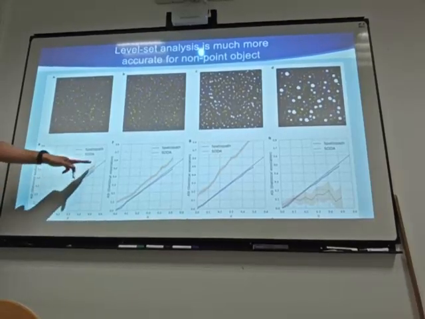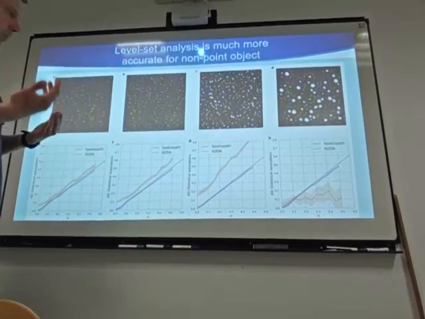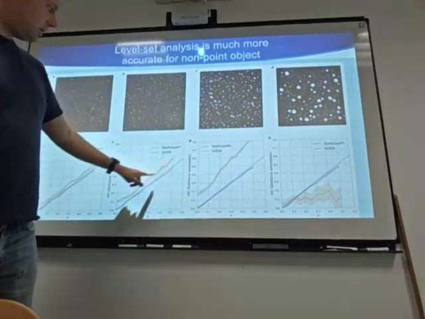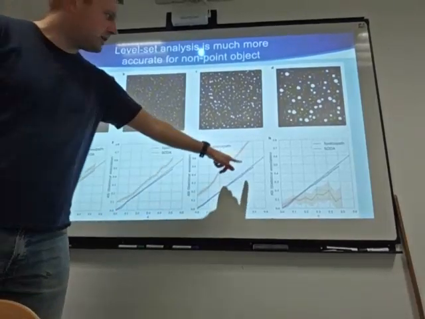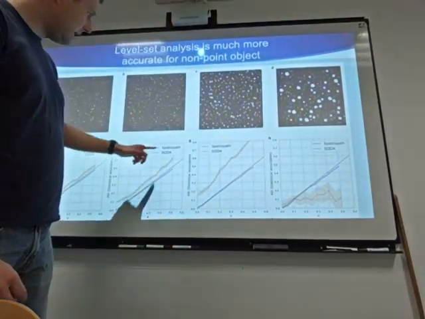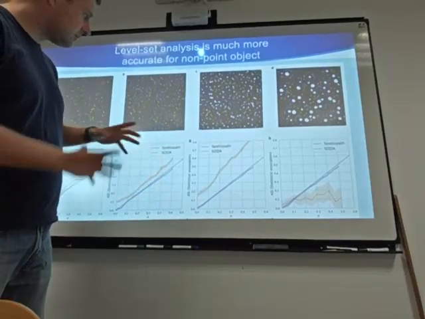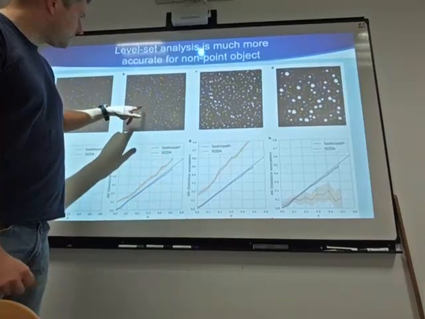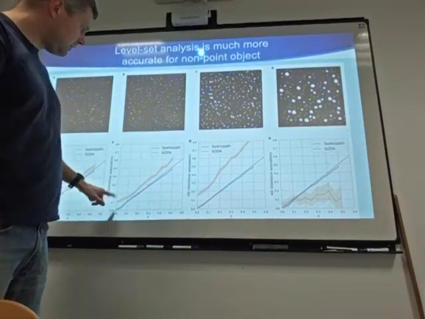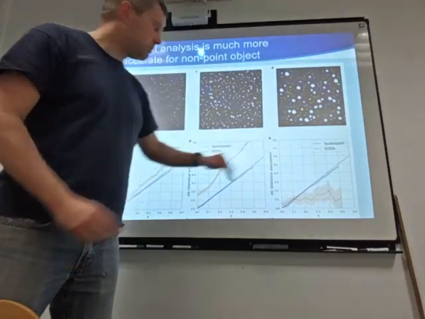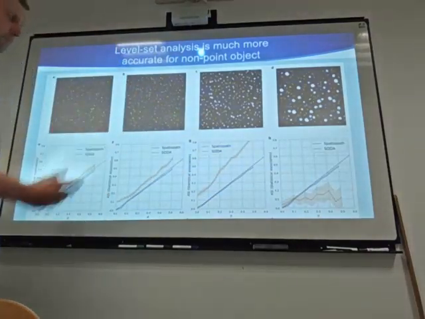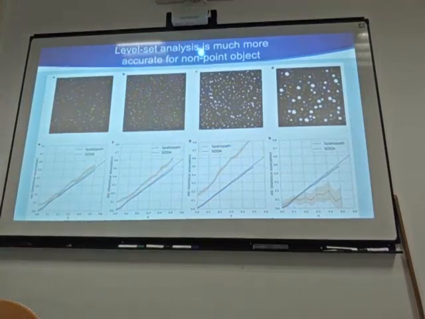Both methods work pretty well for points, but you see that when the objects become bigger and bigger, Spatial Path, so the method with level set, is working very well in all cases, while for the method using concentric rings, when the objects are not points, but they have some size and some shape, then it's going to either overestimate or underestimate. So it's not good.